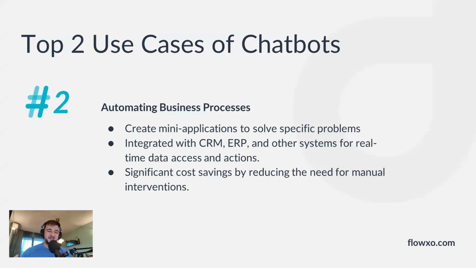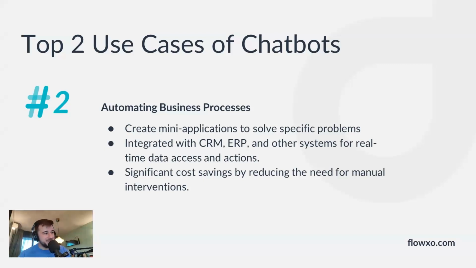And so their system doesn't integrate with Google Sheets for whatever reason. And so they are using FlowXO and its very powerful integrations to connect Google Sheets with their system. So this is just an example of how you could create a mini application just using FlowXO. So it's a bit of an unorthodox use case of a chatbot, but it results in significant cost savings by reducing the need for just manual interventions.